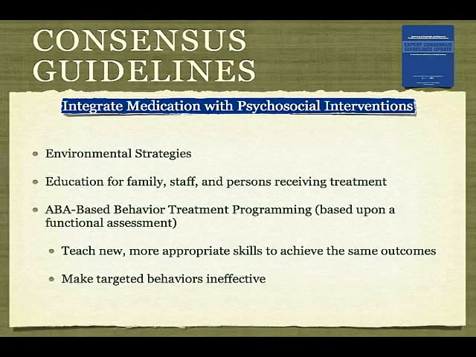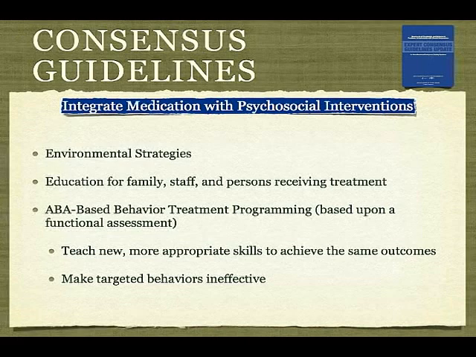The other thing that the consensus guidelines clearly recommend is, as we talked about for assessment, integrating medication treatment with psychosocial interventions. And that's all sorts of different things. Environmental strategies, education for family and staff and the people receiving treatment, behavioral therapy based in ABA, and functional assessment, skill training, and making targeted behaviors ineffective are the two components that go with ABA-based stuff.